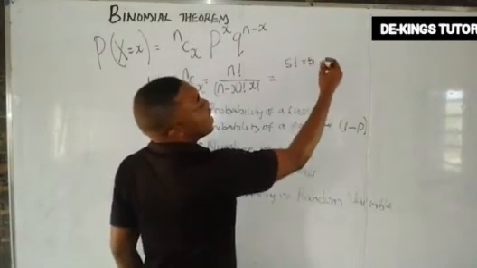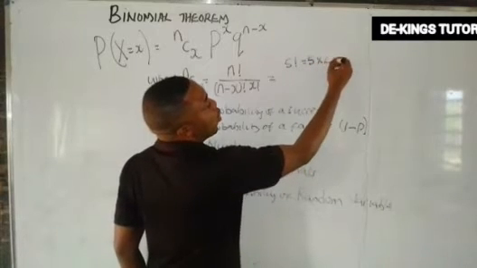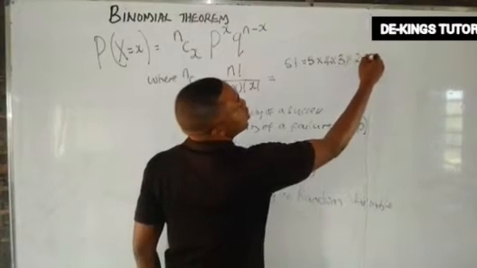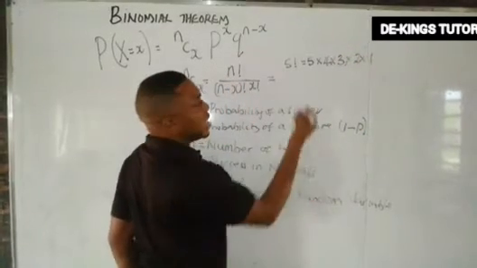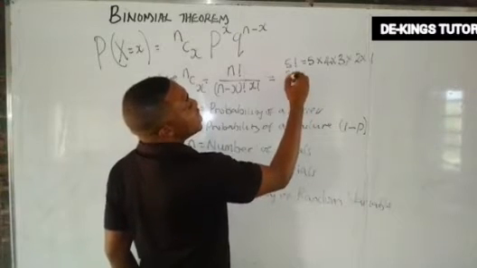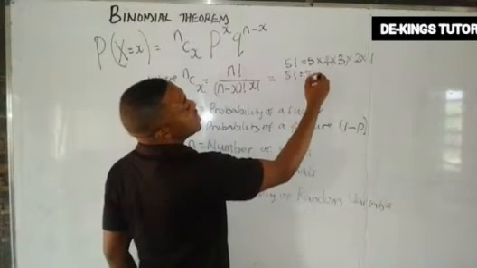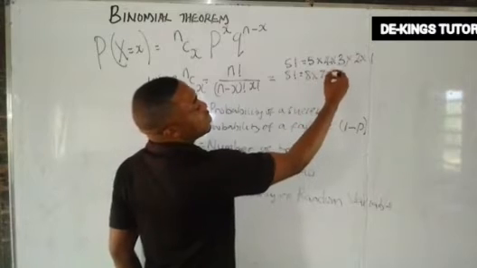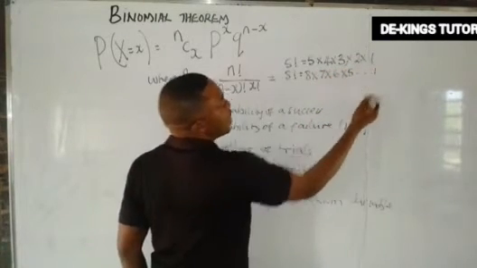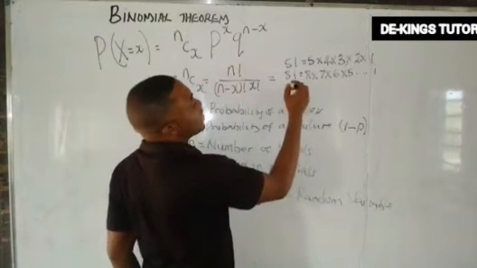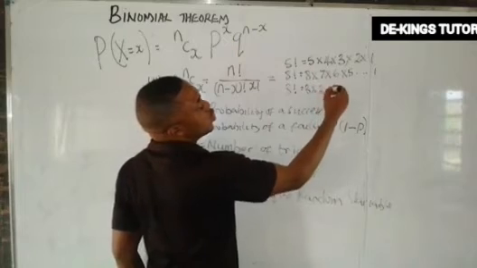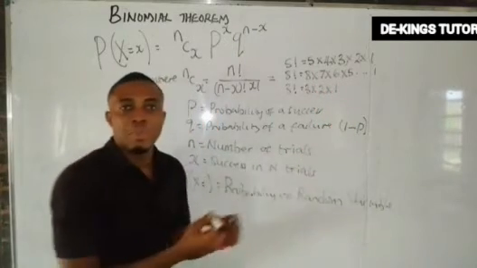That is 5 times 4 times 3 times 2 times 1. Write them and get your answer. The next one, 8 factorial, is 8 times 7 times 6 times 5 until it gets to 1. 3 factorial is 3 times 2 times 1. So that is all about factorial.